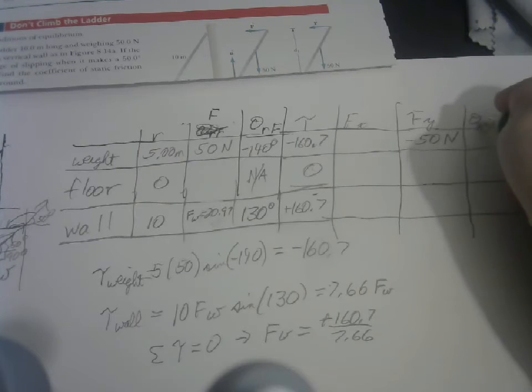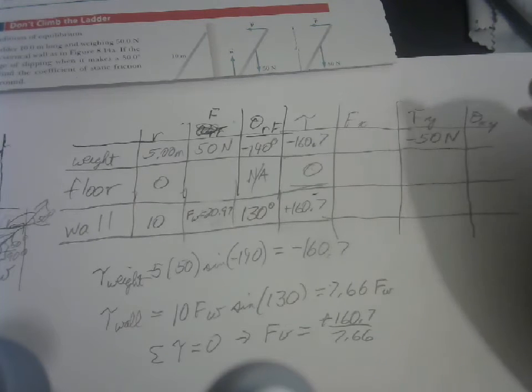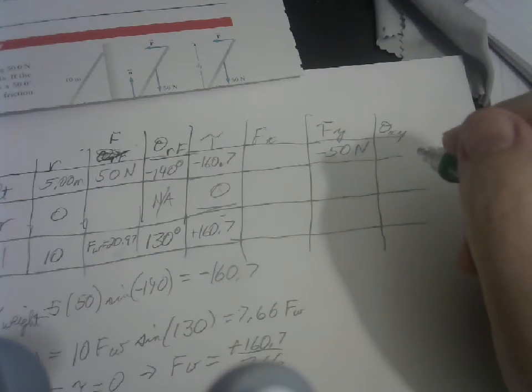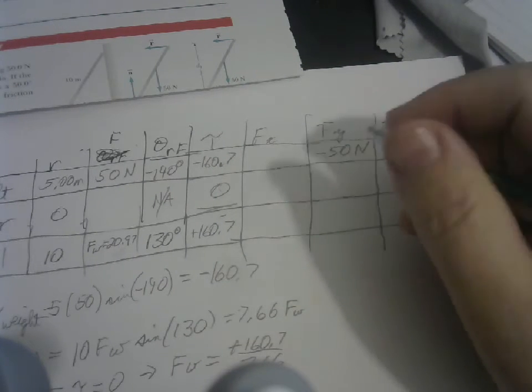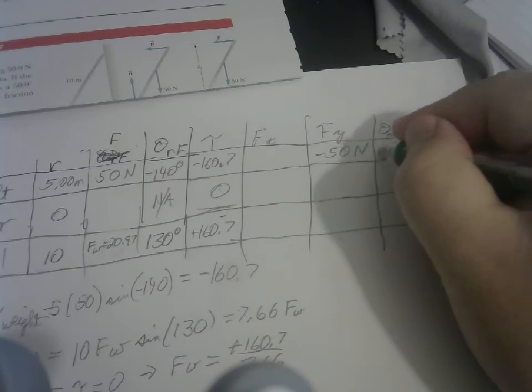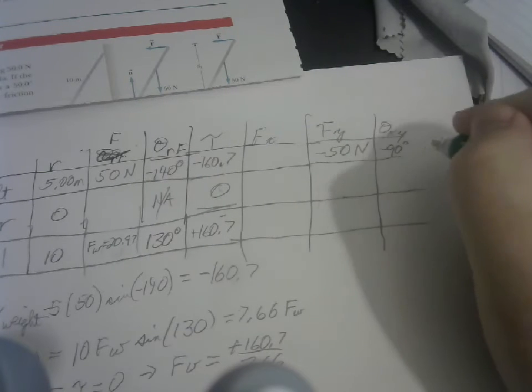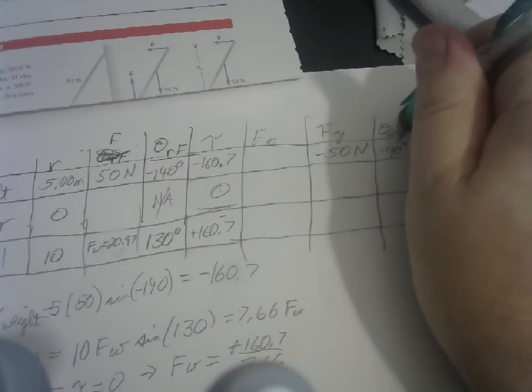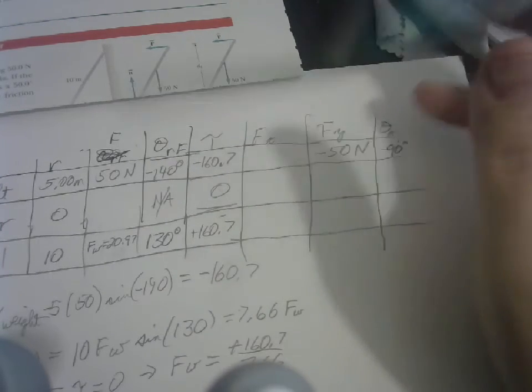The theta of the xy coordinate system. The weight of the object is going purely straight down, and so if we were using theta x to our vector, let's call it theta xf.